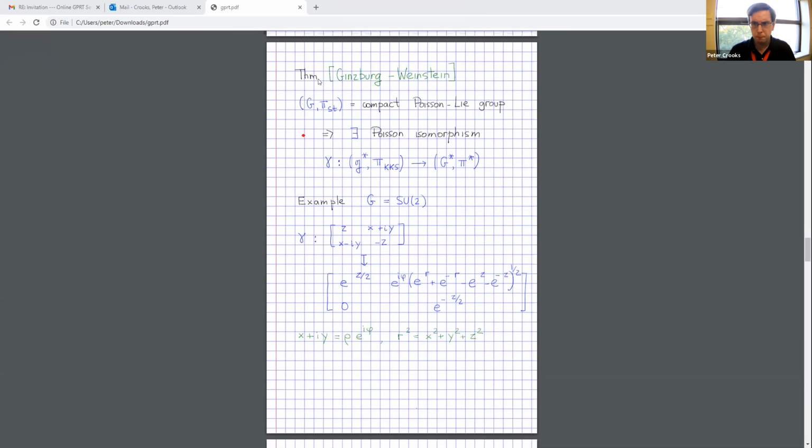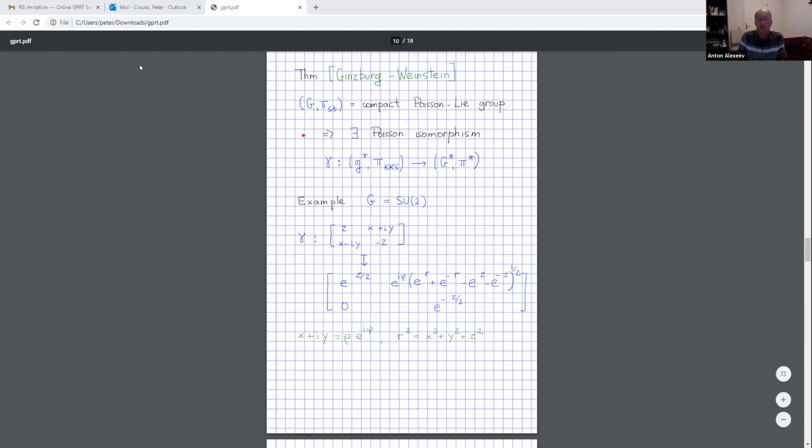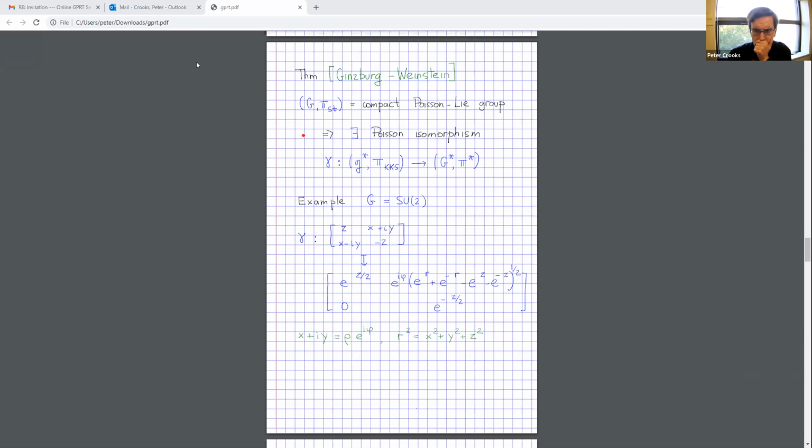Okay. So there is a famous result by Ginzburg and Weinstein. Again, we start with G a compact Poisson-Lie group with a standard Poisson structure. Then there is a Poisson isomorphism between the linear Poisson structure on small g star and this more complicated quadratic Poisson structure on capital G star.